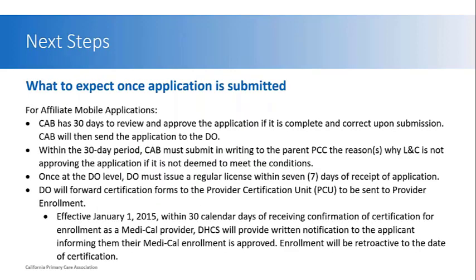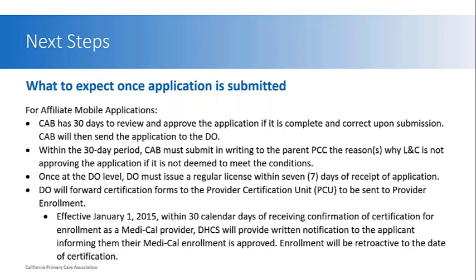Moving on to what to expect once you submit your application, the Health and Safety Code states that CAB has 30 days to review and approve an affiliate application if the application is complete upon initial submission. If the application is not approved, CAB must notify the clinic within 30 days of the reason for denial.